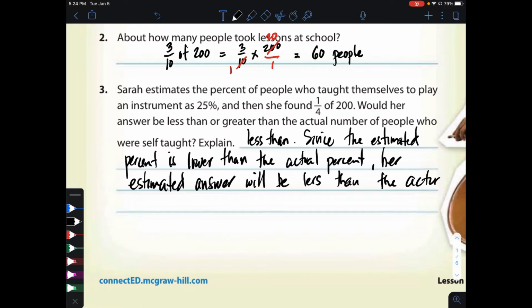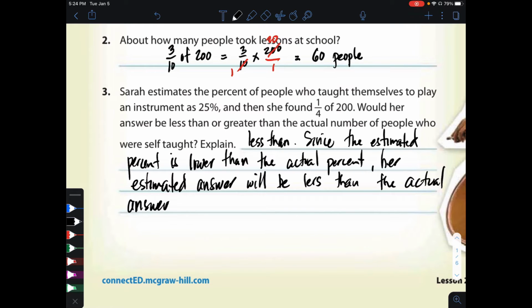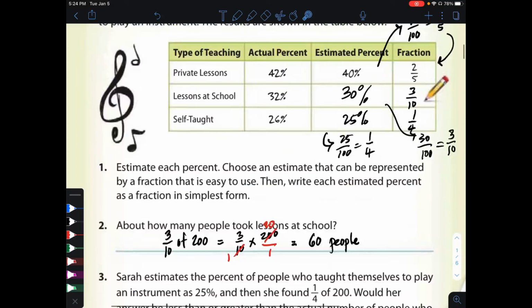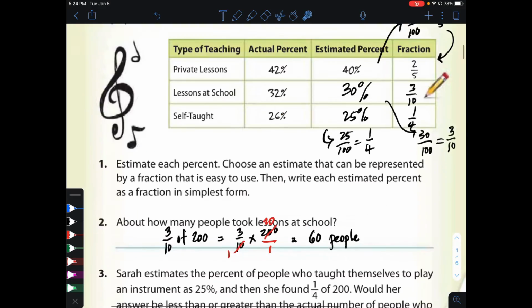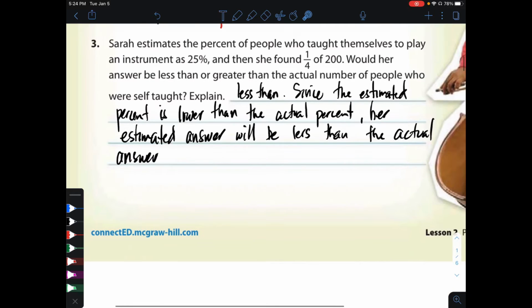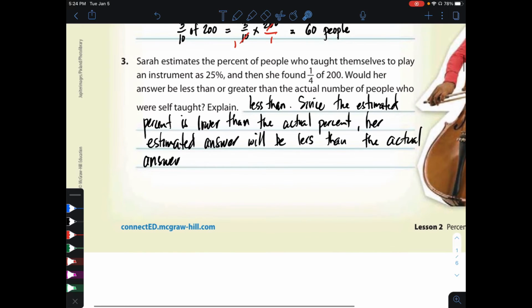That's the answer to that question. Since our estimate is only 25% and the actual percent is 26%, reason dictates that the estimated answer will be lower, since the estimated percent is lower than the actual percent.